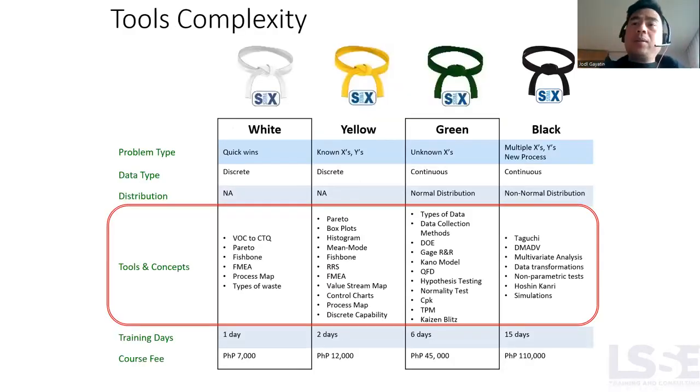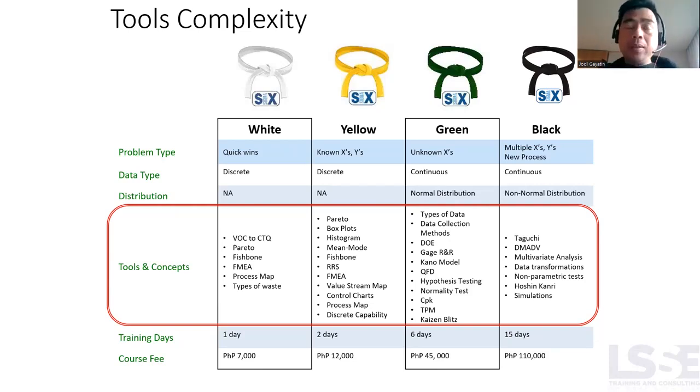And there are several levels in Six Sigma. There's the white belt, yellow belt, green belt, and black belt. As you progress through these belts, the tools become quite complicated, and the use of math becomes more prevalent.